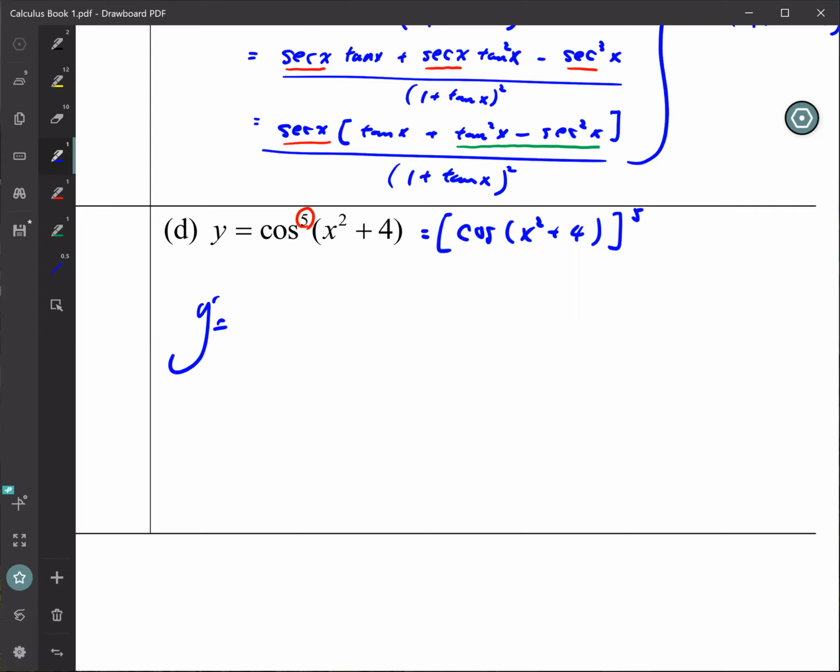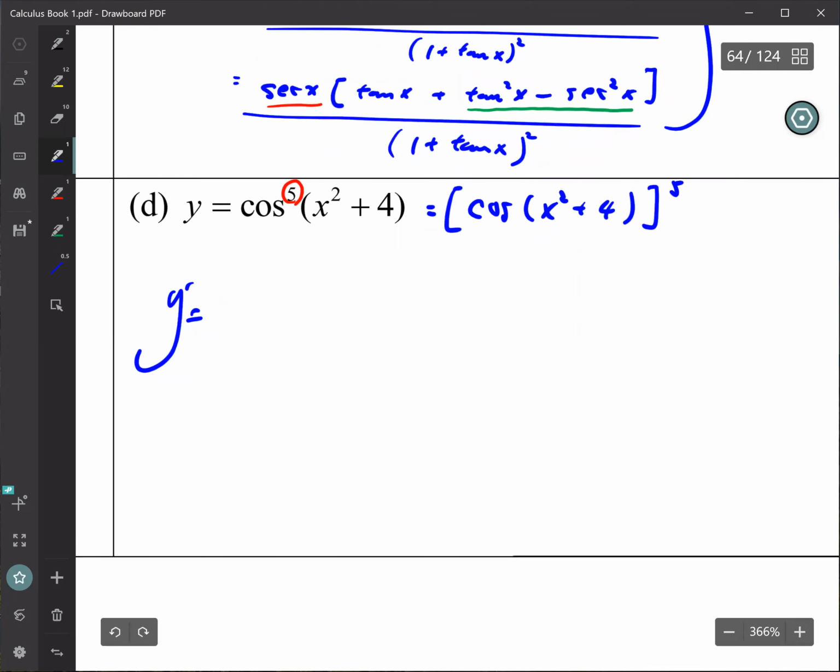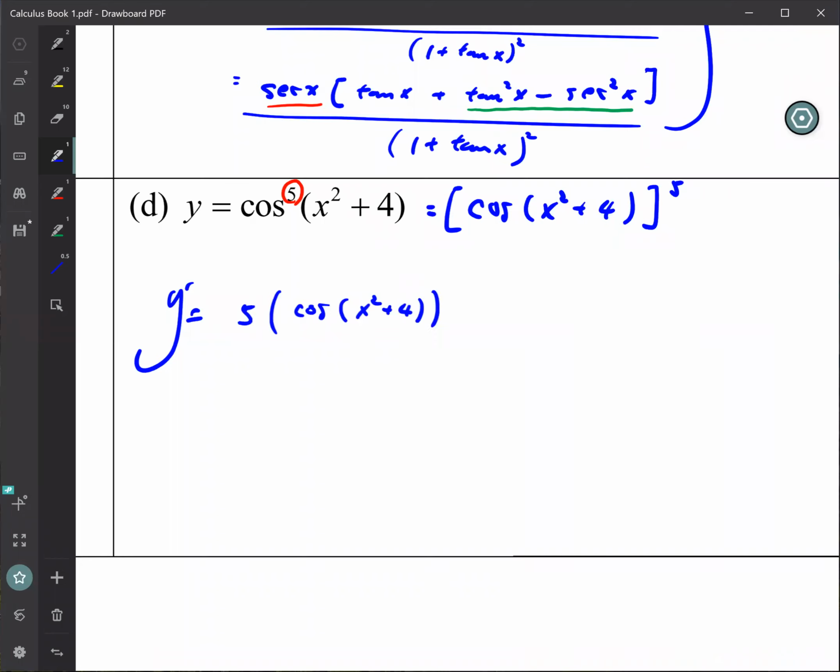Okay, Leon, do you want to give it a try here? I don't know if it's right though. It's okay, I'll help you. Okay, so I have my final answer: 5 bracket, inside, so cosine bracket x squared plus 4, another bracket to the power 4.